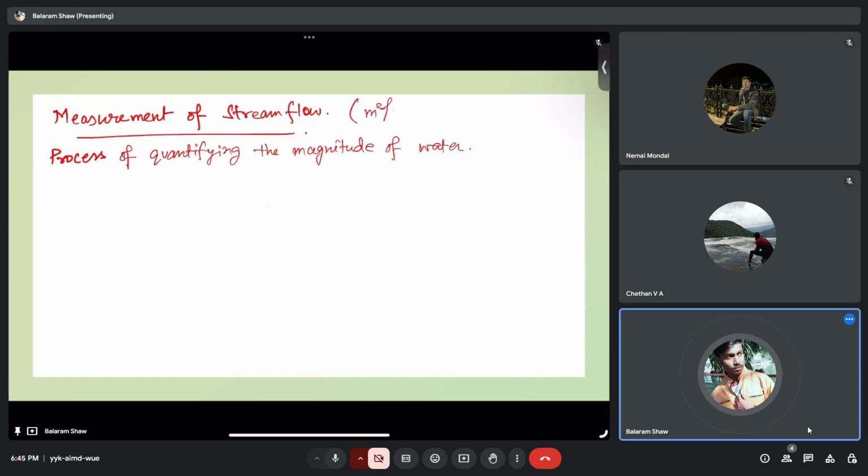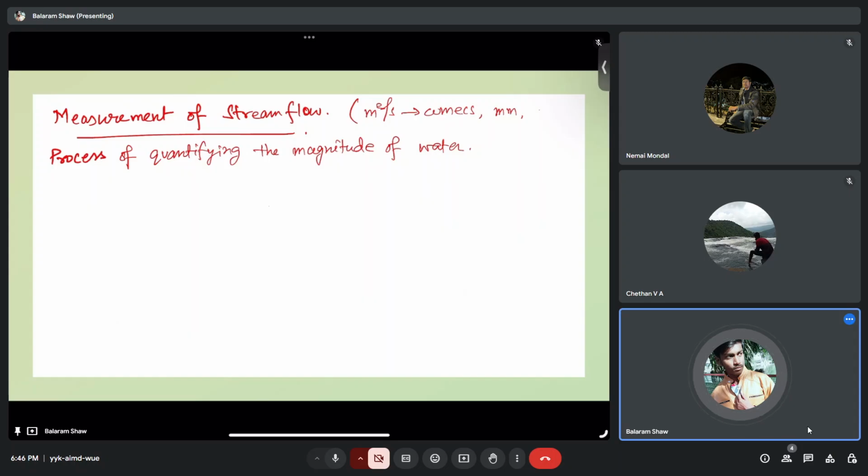It can be in meter cubed per second, which can be written as cumecs also, right? Or it can be written in depth unit also. As we have studied in precipitation, that we can mostly write it in the depth unit, right? So this also can be written as a depth unit. You just need to divide by the catchment area for the time period that you are considering, and you'll get the depth unit.